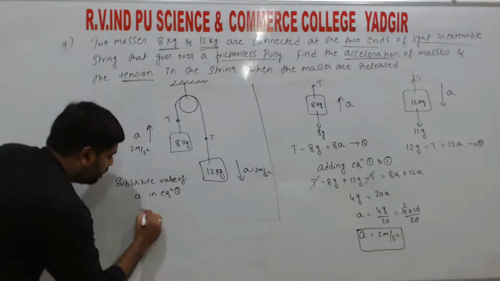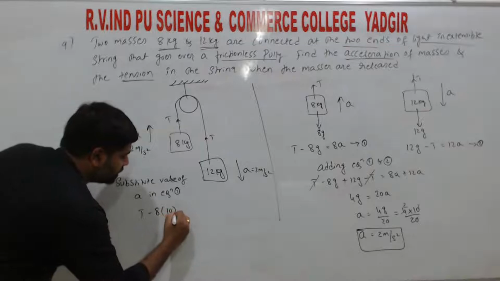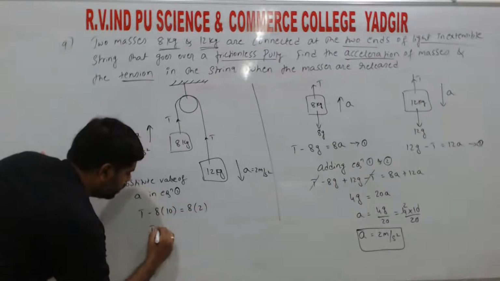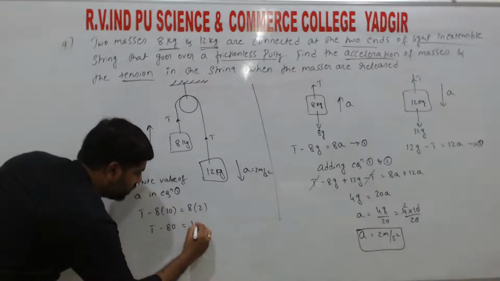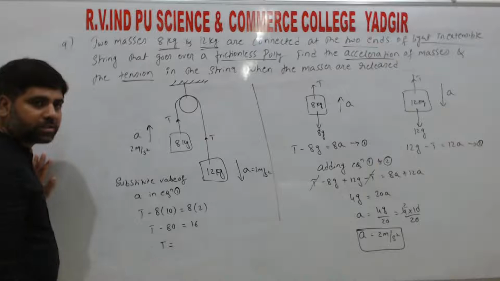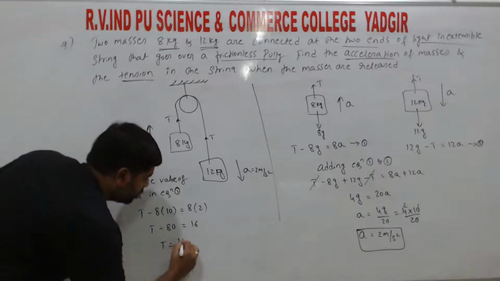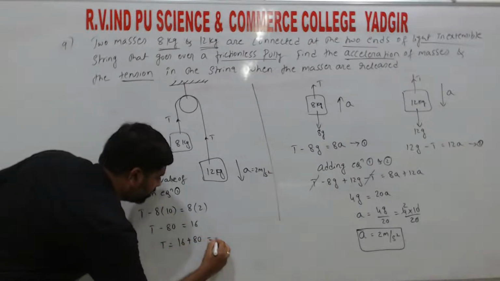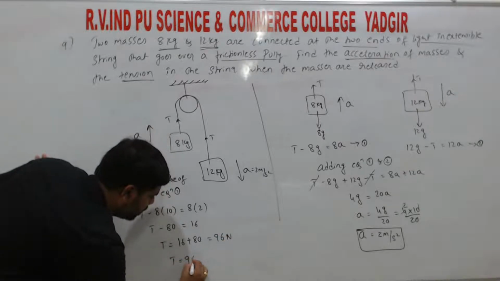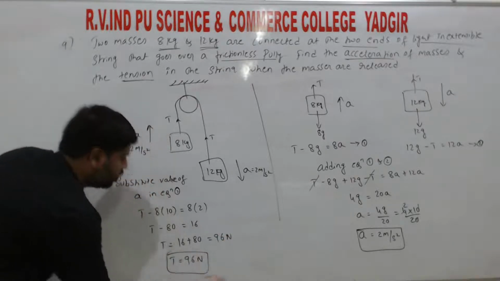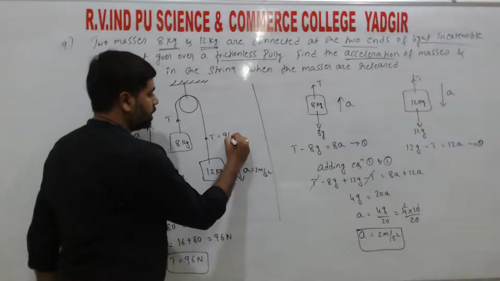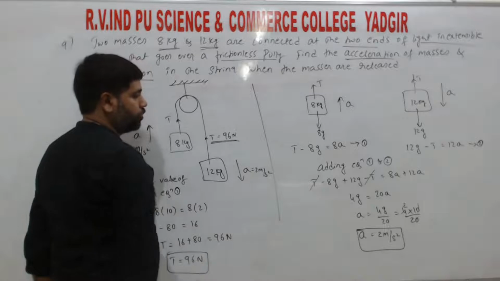So T minus 8 into g, which is 10, that is equal to 8 into 2, right? So T minus 80 is equal to 16. So if this 80 shifts to the RHS, it becomes plus, right? So 16 plus 80 is equal to 96 Newton. So tension in the string is 96 Newton, right?